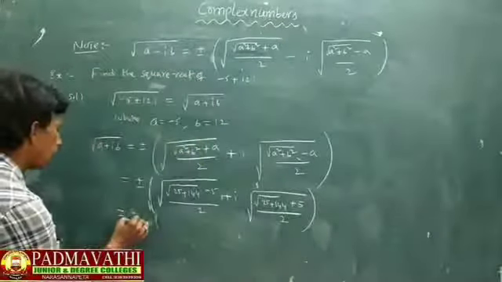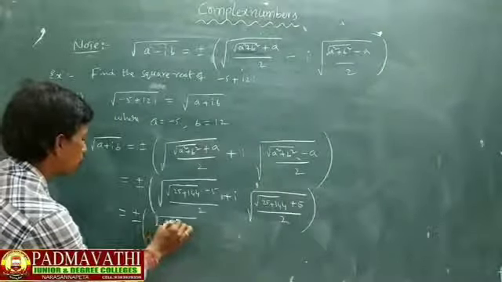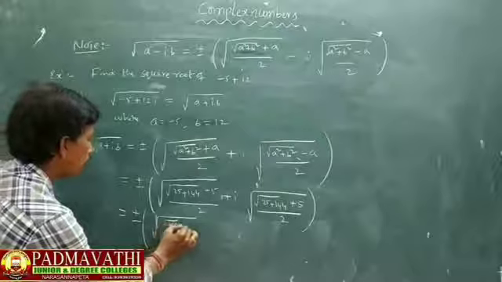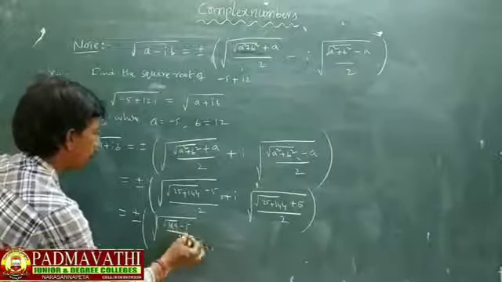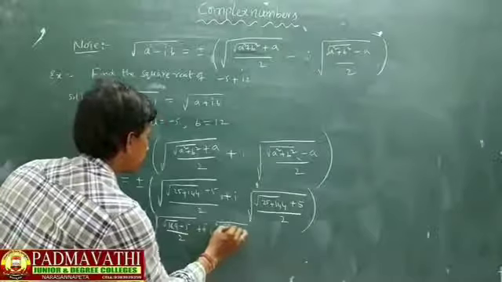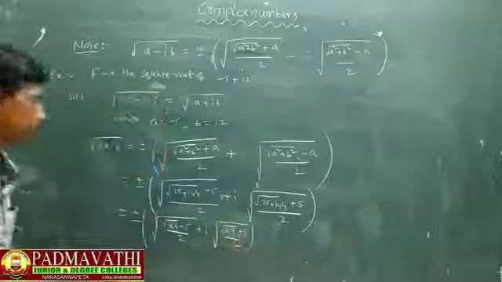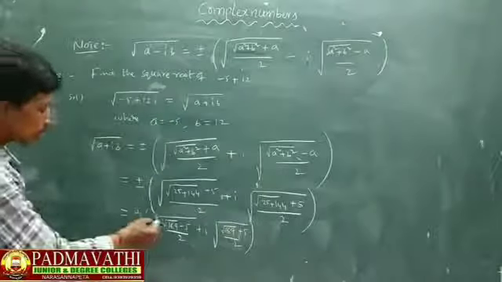That is equal to plus or minus square root 169 minus 5 by 2 plus i square root 169 plus 5 by 2. So, what is the value of the square root of 169?